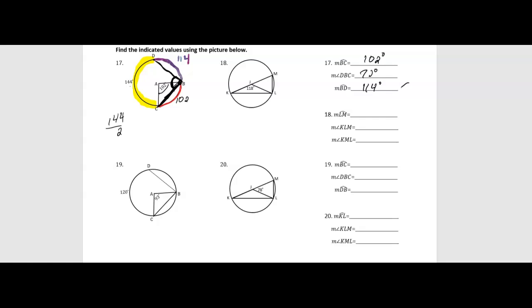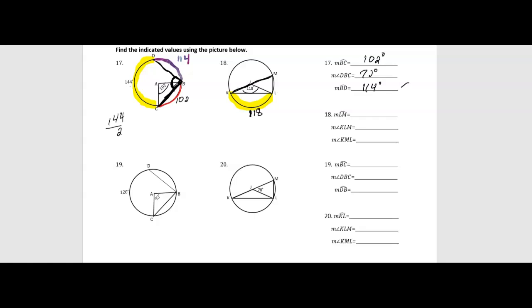So number 18, let's get some things out of the way real quick. If you look at this central angle being 118, that means this arc from here to here has to be 118. Other thing we know is this is a diameter here.